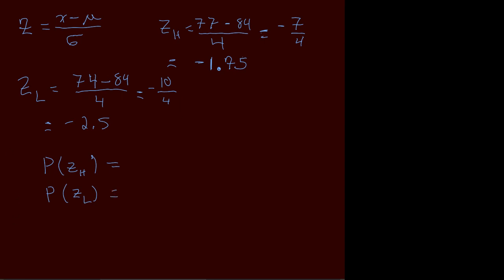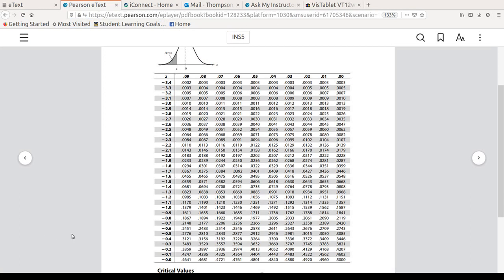So for Z of H, we'll come over here to our table. Let's see if I still have my table sitting up here. Yep. And we had negative 1.75. So let me come to negative 1.7, over to the 5, and that gives me 0.0401.